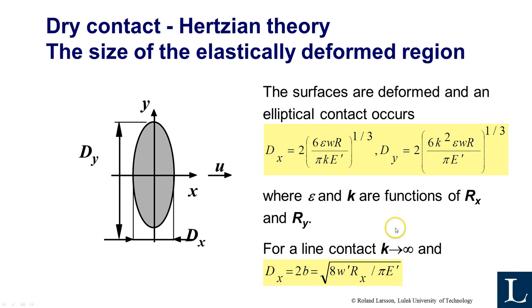If you have a line contact, that's typically a cylinder in contact with a plane, you can compute the dx, the width of the contact, by using this expression. In that case, dy is infinite.